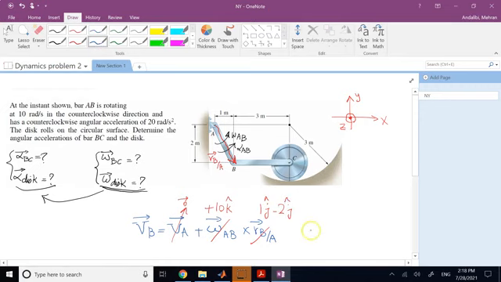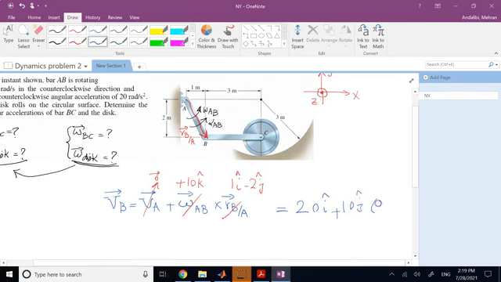If we carry out the cross product, 10k cross i is positive 10j, and k cross j is negative i, but I have another negative, so that's positive 20i. Sorry, I made a mistake earlier: k cross i is j, so it's going to be positive 10j, and positive 20i. Unit is meters per second.